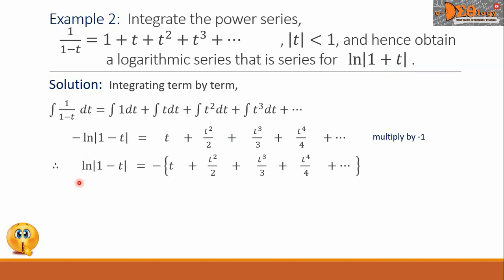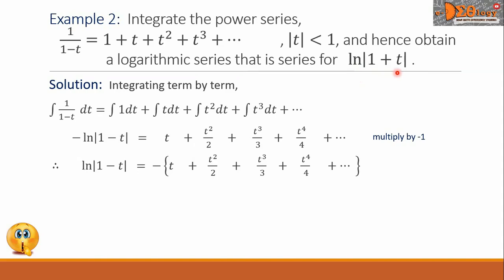The left side now becomes positive natural log of the absolute value of 1 minus t, equals the right side, which is now multiplied by negative 1. The next objective is to make this negative t positive so that it will be equal to our expression.